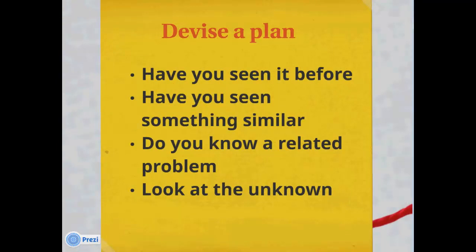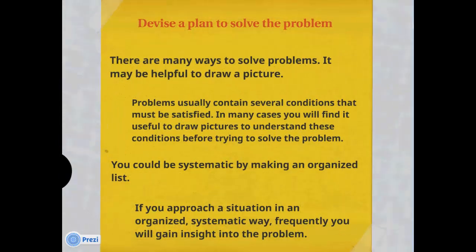All right, things to think about. Have you seen it before? Have you seen something similar? Do you know a related problem? Look at the unknown. Let's go through some of these. There are many ways to solve problems. It may be helpful to draw a picture. Sometimes, whatever problem you're working on, drawing a picture will help keep it straight.